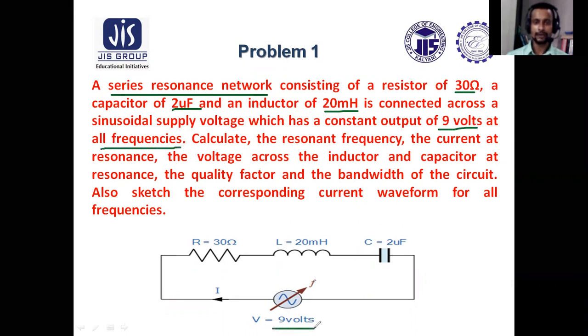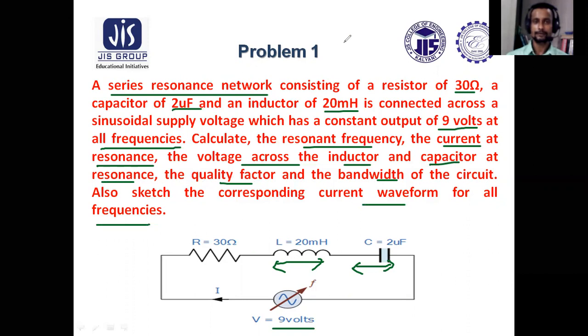So this is producing 9 volts, whereas frequency is varying. Calculate these terms: resonant frequency, current at resonance, voltage across the inductor and capacitor at resonance, that is VL and VC at resonance, quality factor Q, and bandwidth of the circuit. Also sketch the corresponding current waveform for all the frequencies. That is, the resonating waveform is to be drawn.